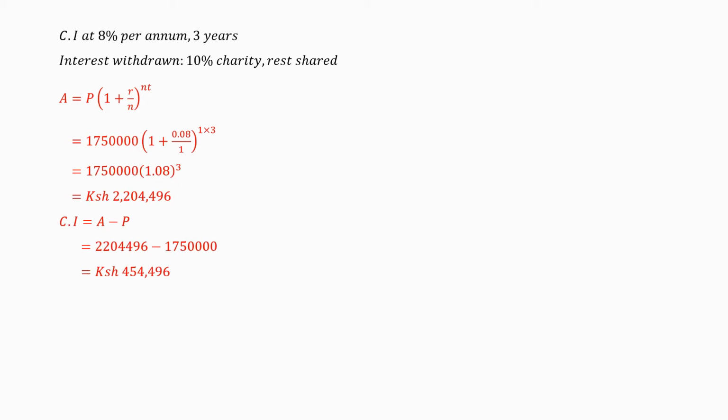But 10% was donated to a charitable organization. So the percentage that remained for them to share was 100 minus 10%, which is 90%. So the amount that was shared was 90 over 100 times the compound interest amount, and it's equal to 409,046 shillings and 40 cents.